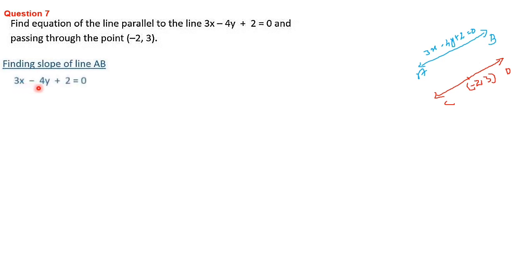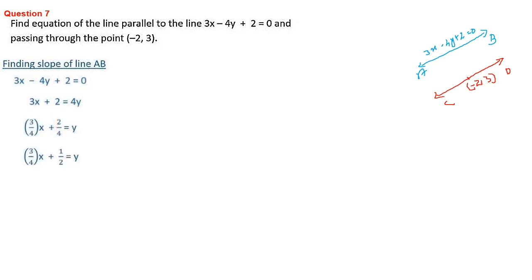3x minus 4y plus 2 is equal to 0, that is the equation. Convert this into the form y is equal to mx plus c, as we have already learned. So we bring y to one side: 3x plus 2 is equal to 4y, bringing minus 4y to the right side. Then we don't want the 4, because y is equal to mx plus c, so dividing throughout by 4: 3 by 4 x plus 2 by 4 is equal to y.